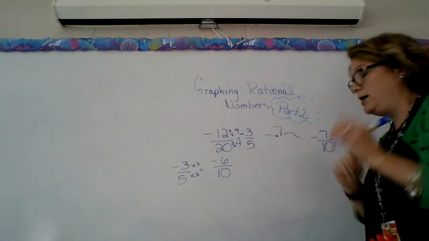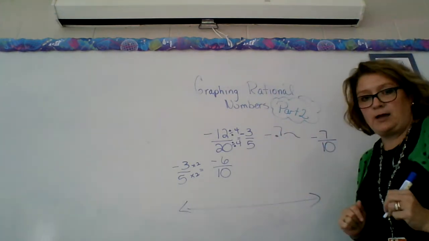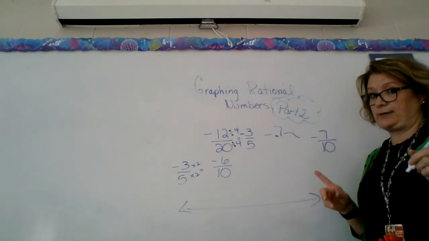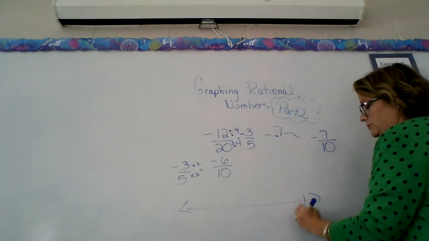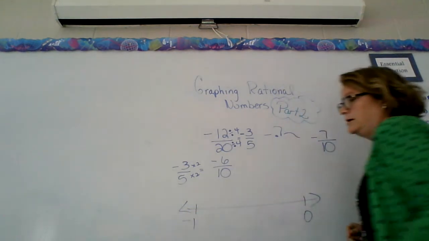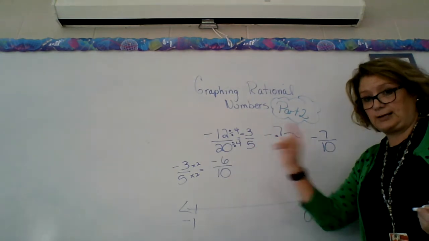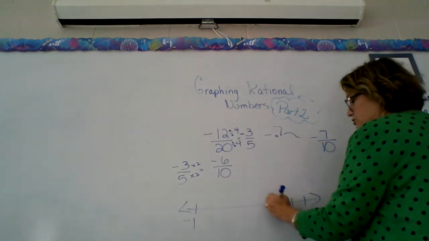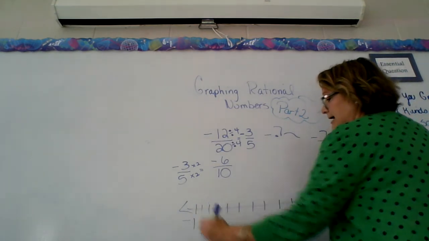So now I can put these on the same number line. This time around, I am not on the right side of 0, I am on the left of 0, between 0 and negative 1. I'm dividing my number line into tenths, so that's 9 lines again. 1, 2, 3, 4, 5, 6, 7, 8, 9.